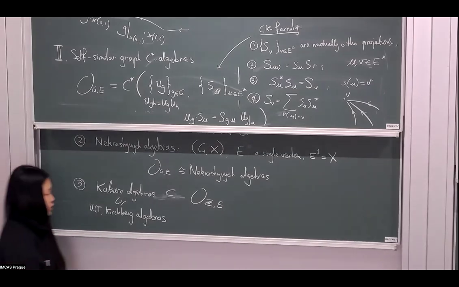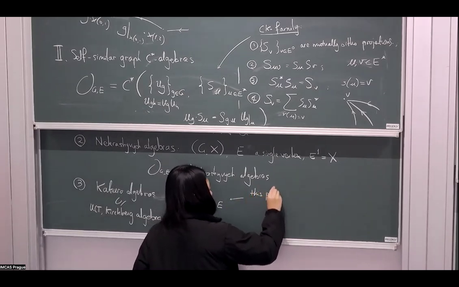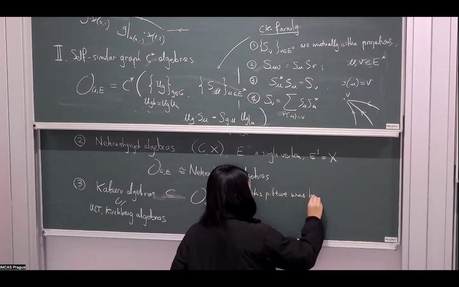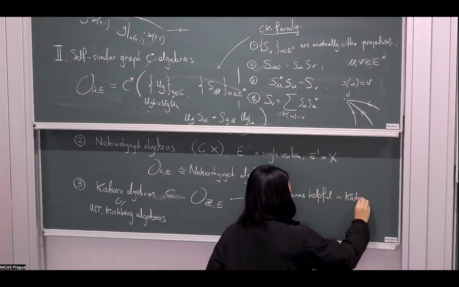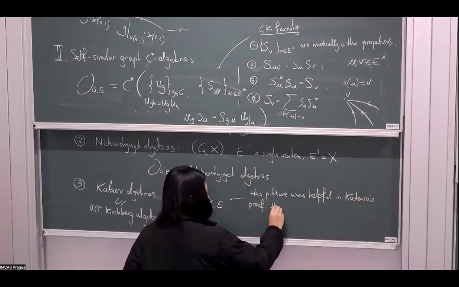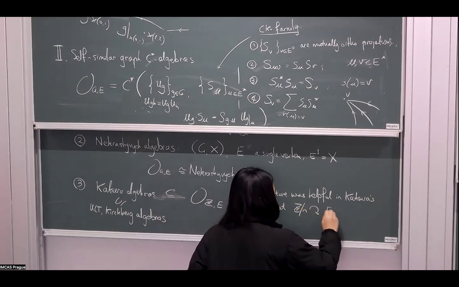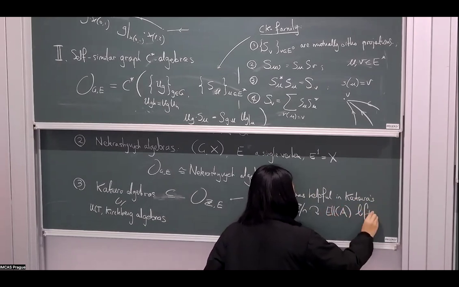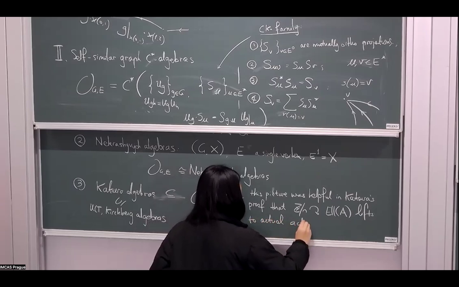And it's probably worth mentioning that this picture was helpful in Katsura's proof that all the actions on the Elliott invariant of these UCT Kirchberg algebras lift to actual actions.